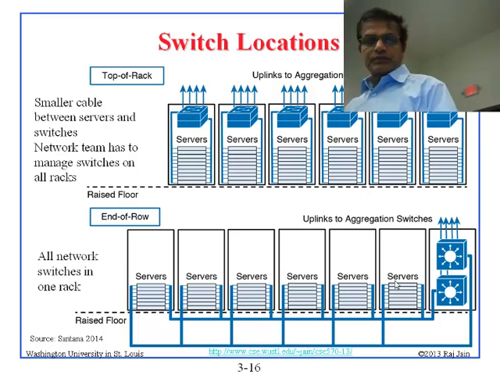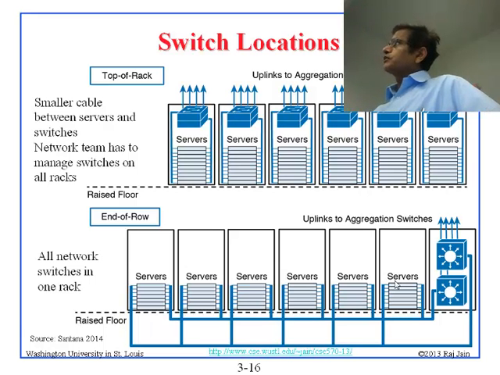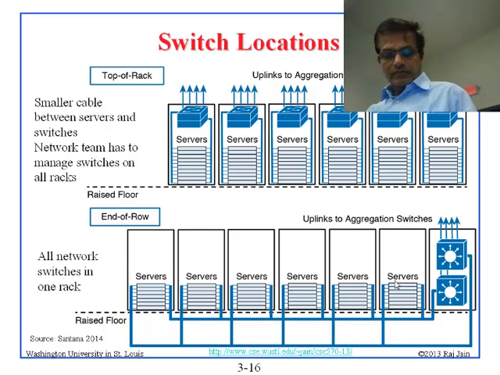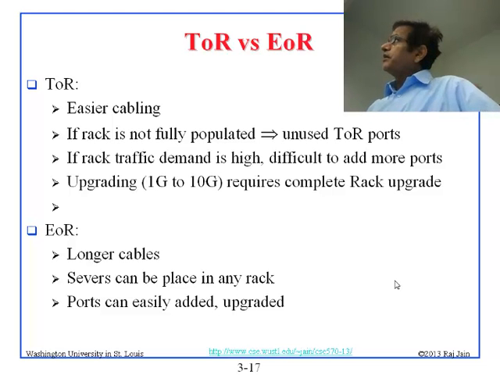Suppose this is a 24 port switch and you have only 4 servers, then 20 ports are not being used. In the end-of-row case, you don't do that, because you can connect any server to this switch. So you have less networking equipment, less networking investment. If the rack is not fully populated, there are unused TOR ports, which is basically money down the drain.